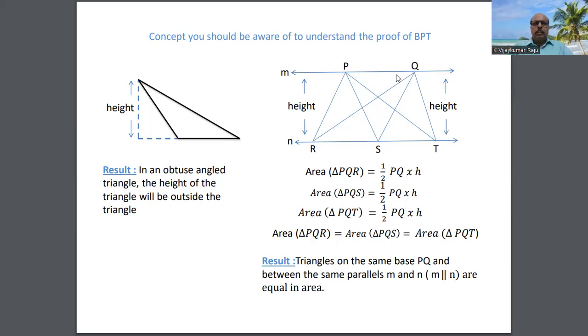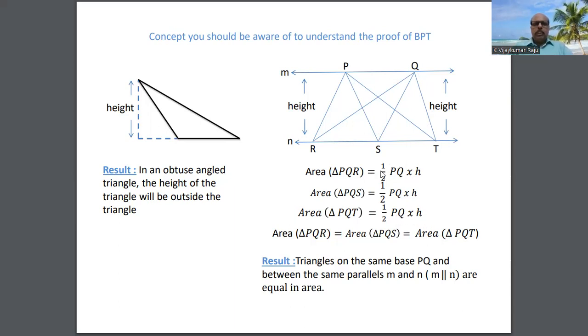Again PQ is the base, and therefore area of triangle PQS is half into PQ into H. Now the third triangle, PQT. Here again the base is PQ, so the area of the triangle is half into PQ into H.